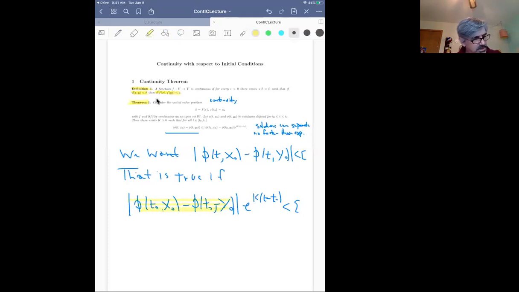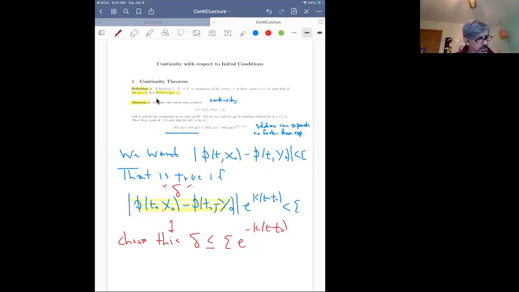So if I want this to be less than epsilon, we can choose this, which is like our delta, to be less than or equal to epsilon times e to the minus k times t minus t naught.